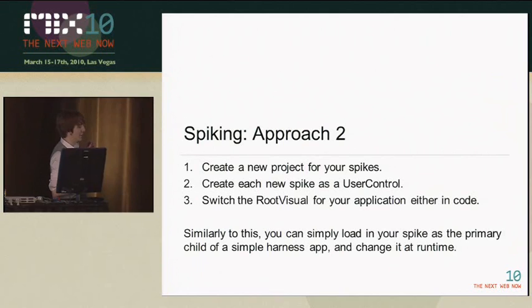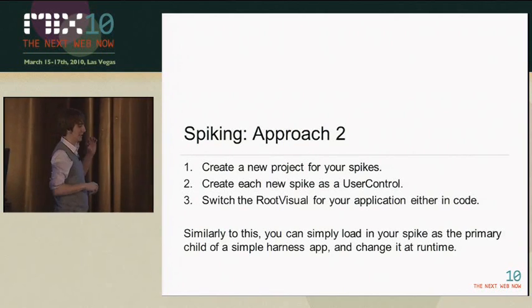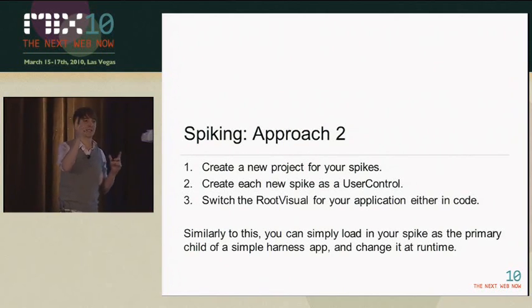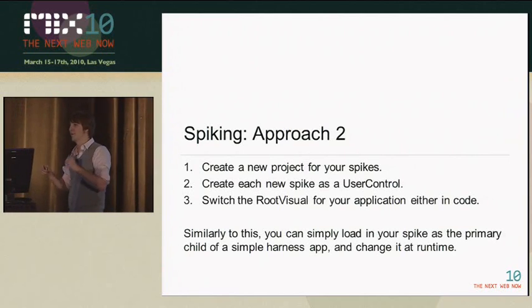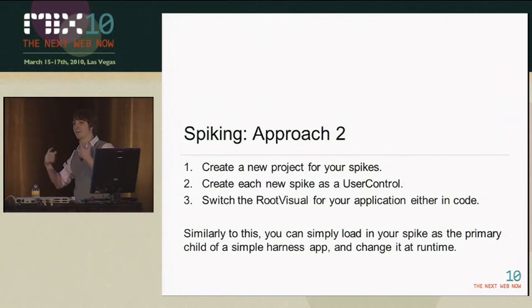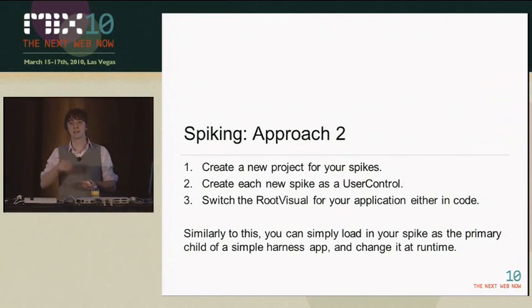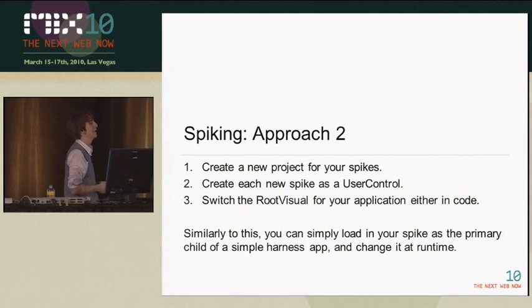We've also written a little harness that uses isolated storage to remember what the last test we ran was, so we can rerun the whole project and it'll bring up the same test over and over again until we select a different test from that list.